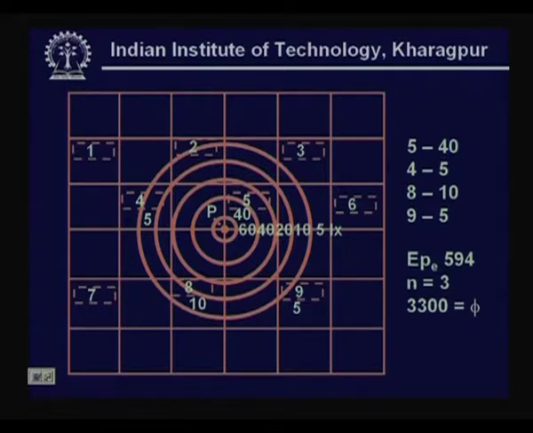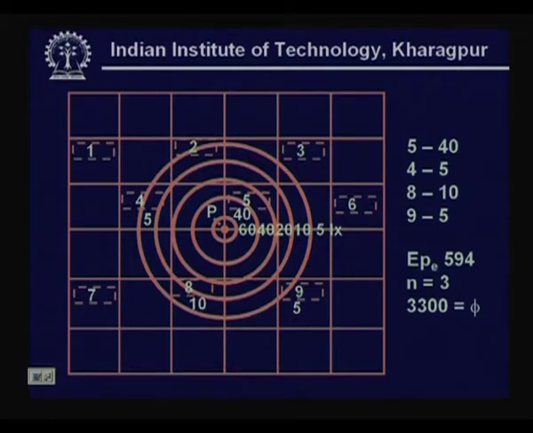If you see carefully, the lamps that are contributing appear to be 5, 4, 8, 9 and to some extent 2. So, we get 5 passing through the 40 lux curve, whereas 8 is passing through the 10 lux curve, and 9 is passing through the 5 lux curve.